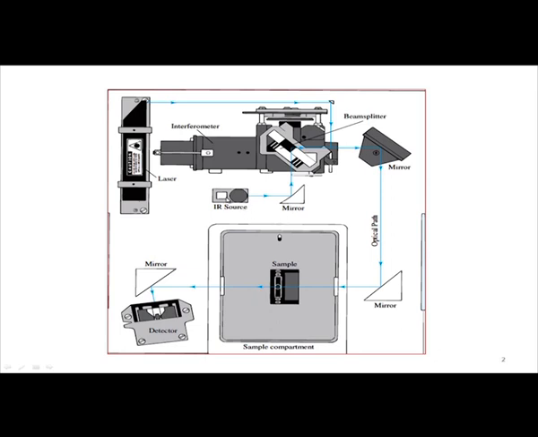What we see here is your IR source. This IR source passes the corresponding IR radiation to that particular mirror. The mirror projects the radiation to this beam splitter, and this beam splitter is very important because it gives the corresponding attenuation with regard to another laser source for this IR radiation, and that is going like this.